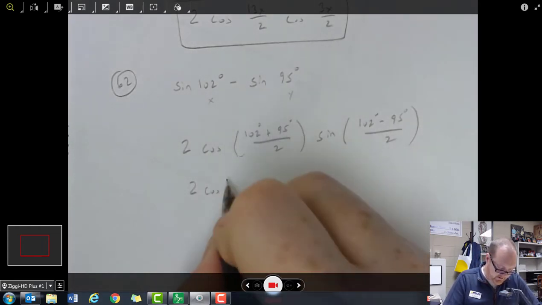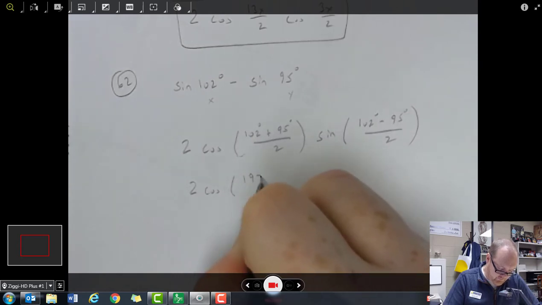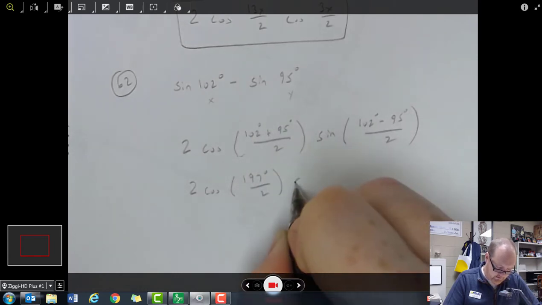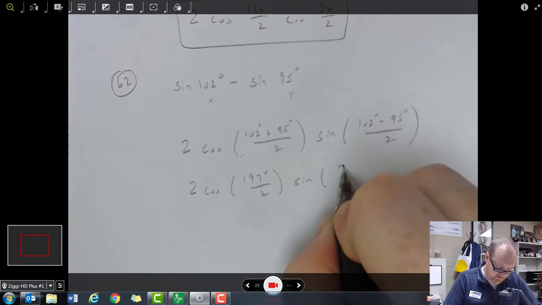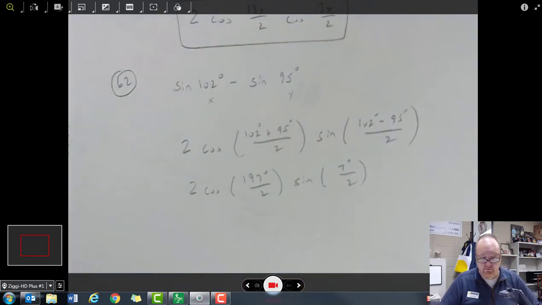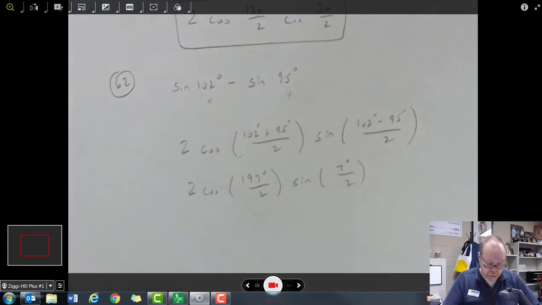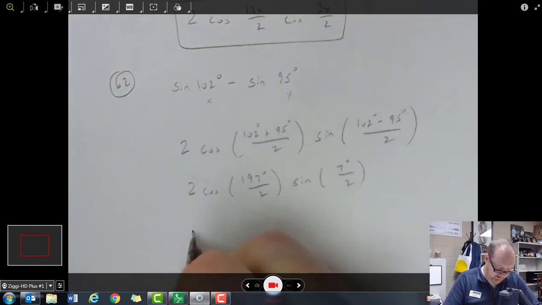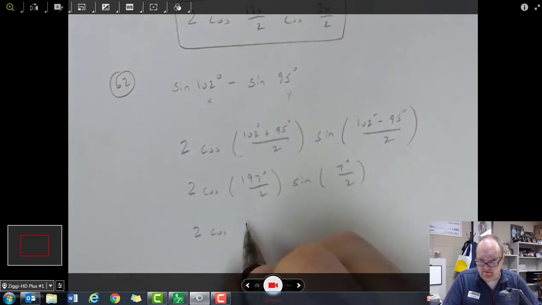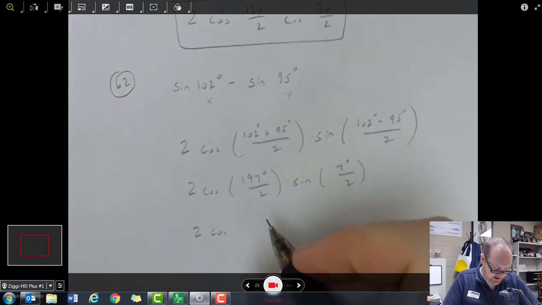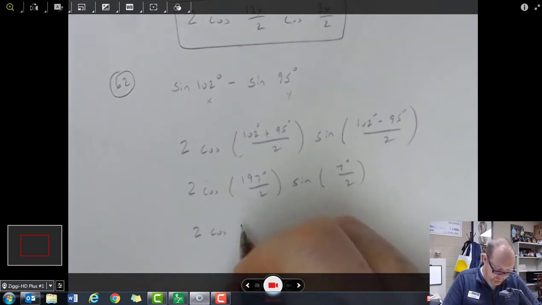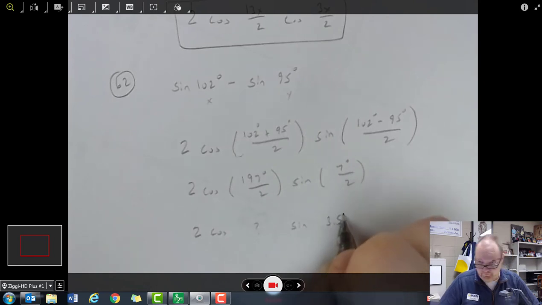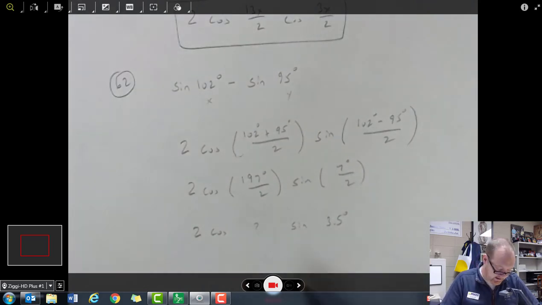This becomes 197 over 2 and 7 over 2. Since those are both numbers, we can do the division if you want. For that matter, you can probably leave it like that. Half of 197 is going to be, I have no earthly idea, whatever it is, times the sine of 3.5 degrees. So you can do that computation if you want.